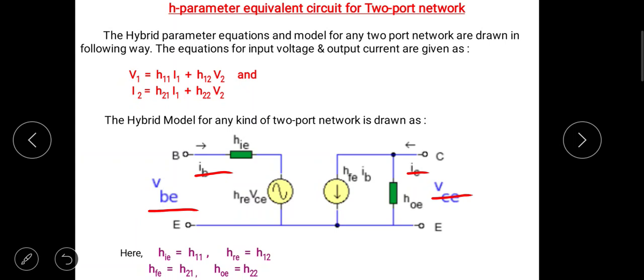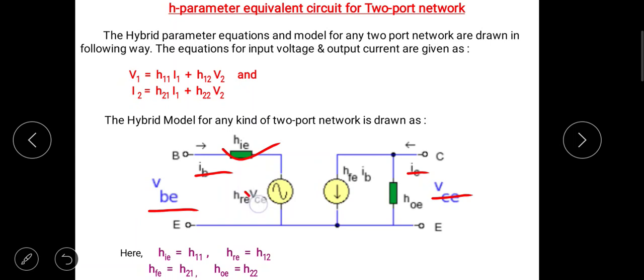Now if we talk about hybrid parameters, in the above equation for V1 the parameters are H11 and H12. These parameters are shown in this particular hybrid model. Here, this is HIE, which is nothing but H11, the input impedance of the circuit.